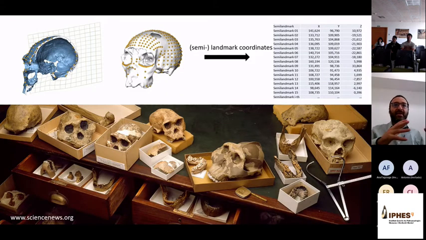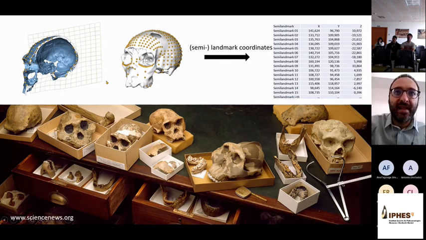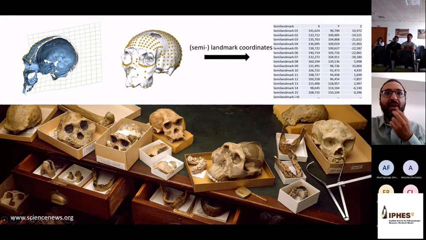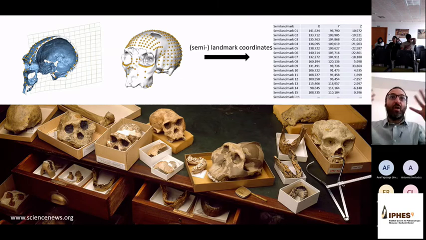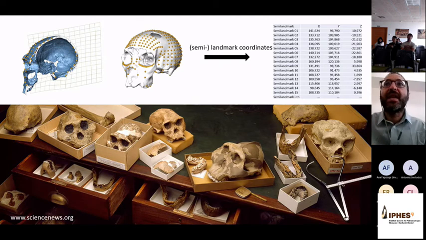But once we have the 3D model, what we do is we define something from its analysis. For example, in this case, this is a Neanderthal cranium of Saccopastore 1. And here there are some semi-landmarks that we use to study the shape of this specimen in the context of Neanderthal and Middle Pleistocene variation.